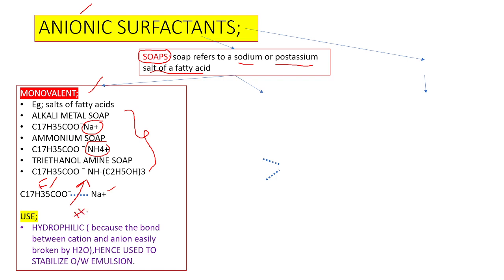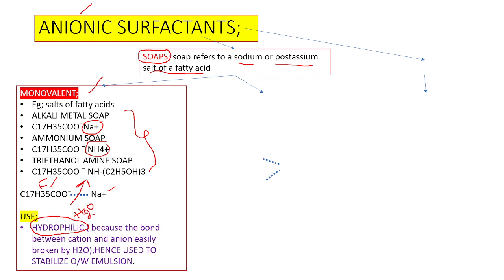If we dissolve this sodium salt of fatty acid in water, the water molecule, because of its polarity, can easily break the bond between fatty acid and sodium. Hence, these monovalent soaps are hydrophilic in nature.